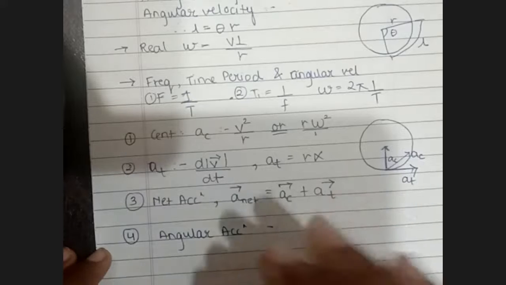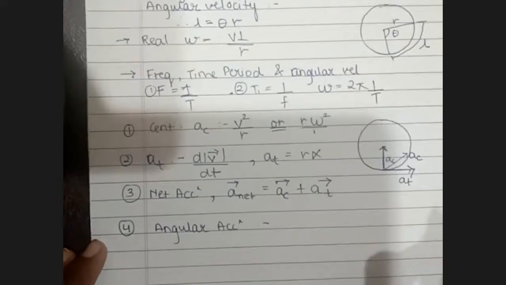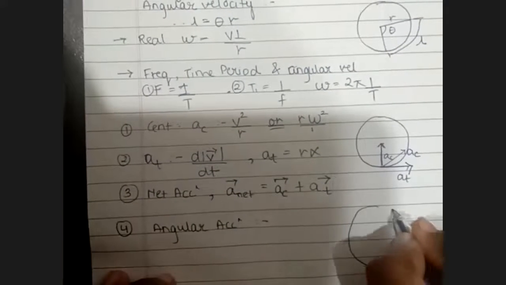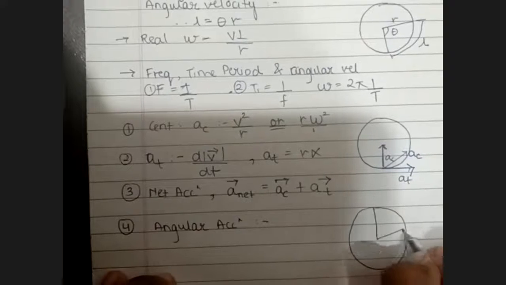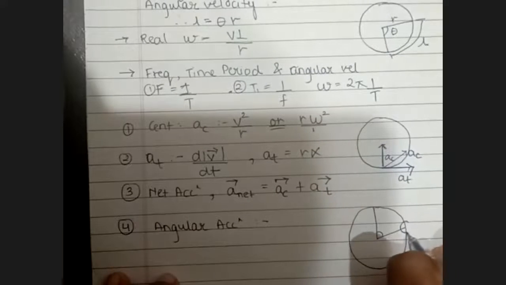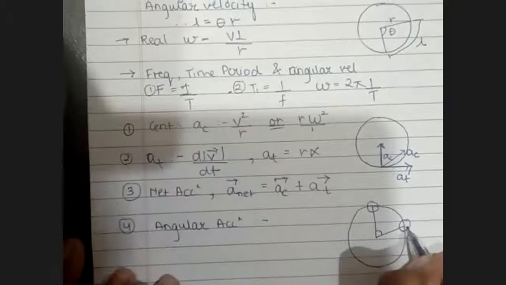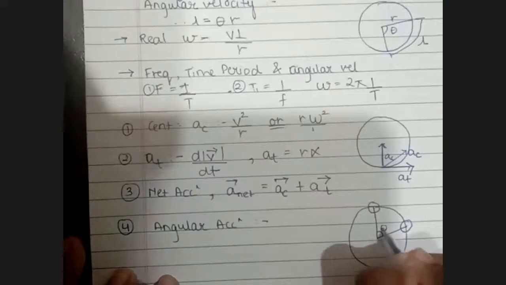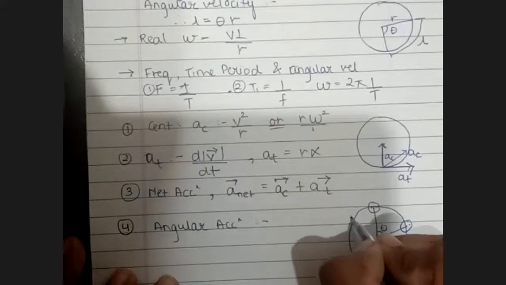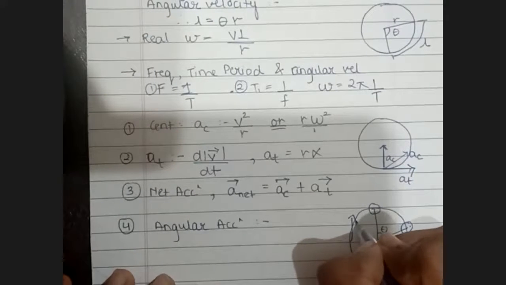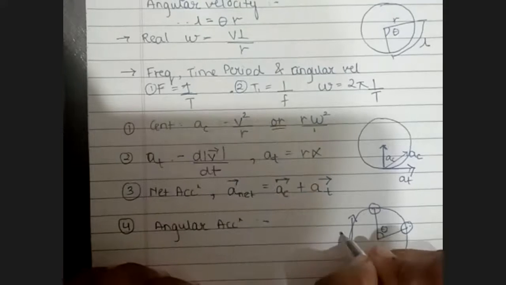If the velocity increases, then we can show it by this. So if the velocity from here increases till here, then it means angular acceleration is also positive.